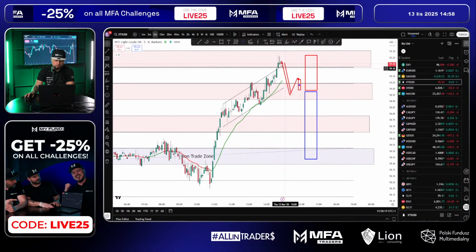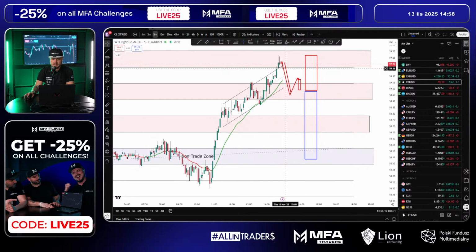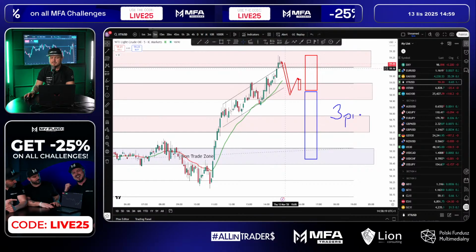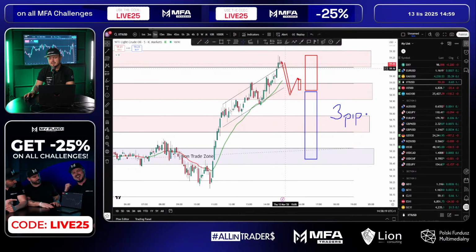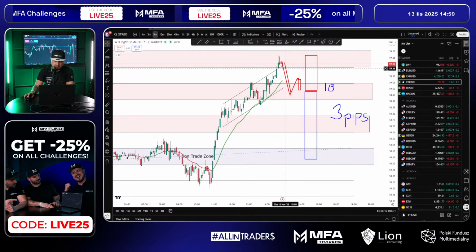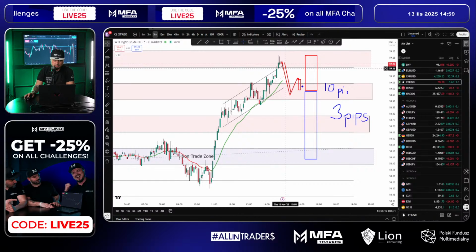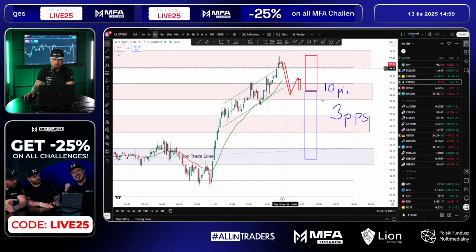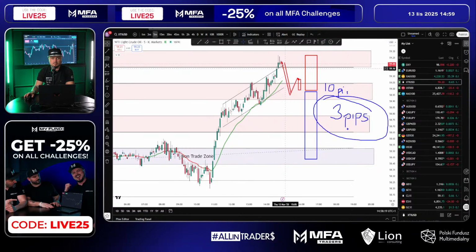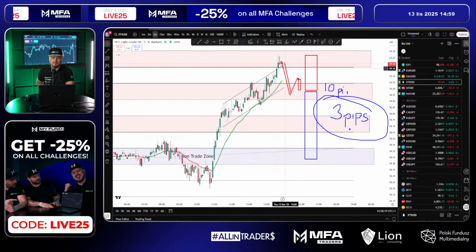And on crude oil, be careful with the stop loss, okay? Because there is around a 3 pip spread. So even if you set a stop loss at, I don't know, maybe 10 pips, and the price gets close to your stop loss, your position will be closed 3 pips before the price gets to your stop loss level, if you know what I mean.